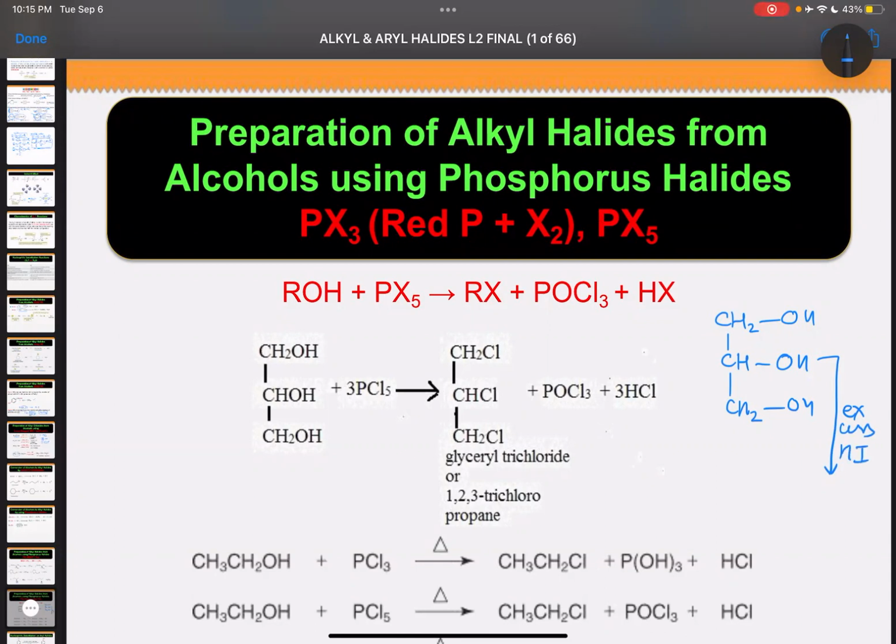This is glycerol. Yes, sir. And tell me what you will get, the IUPAC name of the compound. This is a very good question.